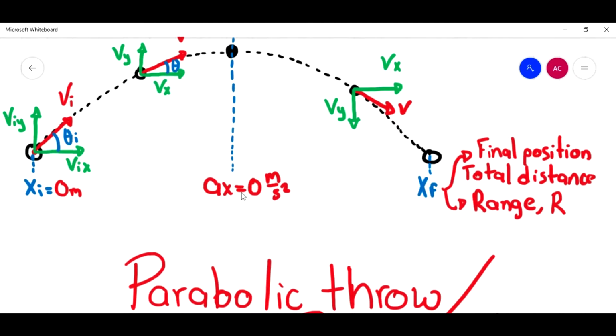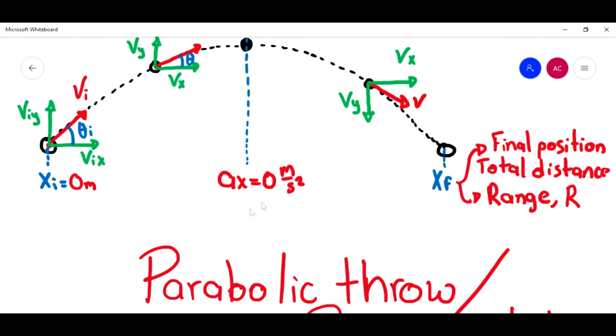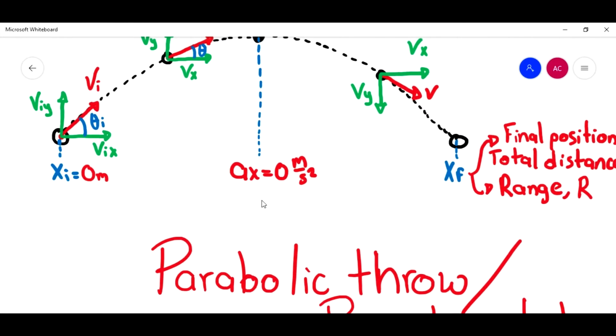But when I'm talking about the acceleration, in this case the acceleration in x is 0. So that means that the initial velocity in x equals the final velocity in x. So that means that I can just write velocity in x.